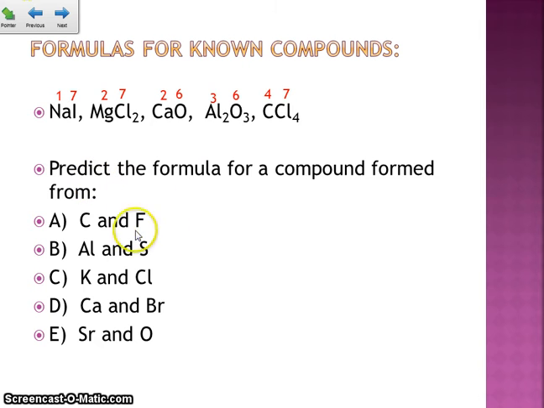We're going to come down here and we're going to say, okay, how do we think that carbon and fluorine will bond? Well, first thing I'm going to want to do is figure out which groups those two are from. So the carbon here is from group 4. Fluorine is from group 7. Okay, so then we pause and we go, is there any compound up here that has a group 4 and a group 7 in it?